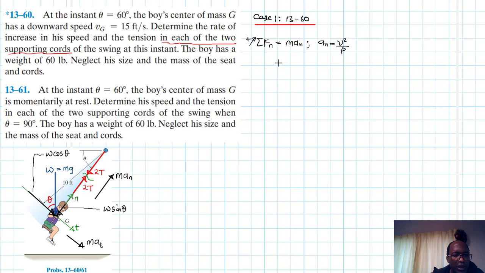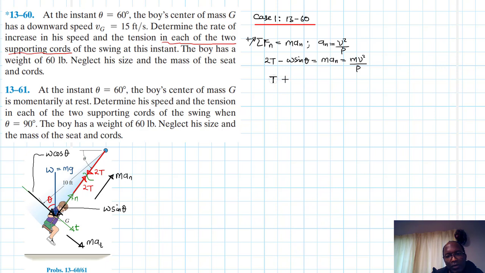So in that direction we have 2T minus W sine theta, equal to m a_N, which is m V squared divided by rho.